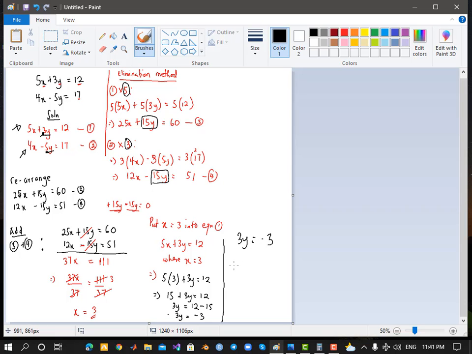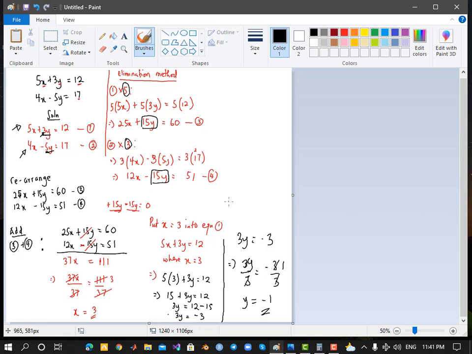Then we divide both sides by 3 to make y the subject: 3y over 3 equals negative 3 over 3. This cancels this one, this cancels this one, and we get 1. So y is equal to negative 1.